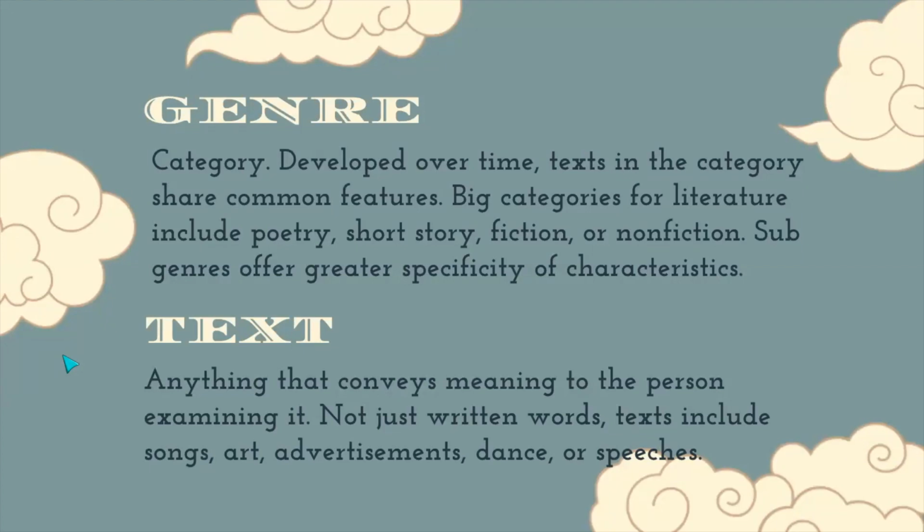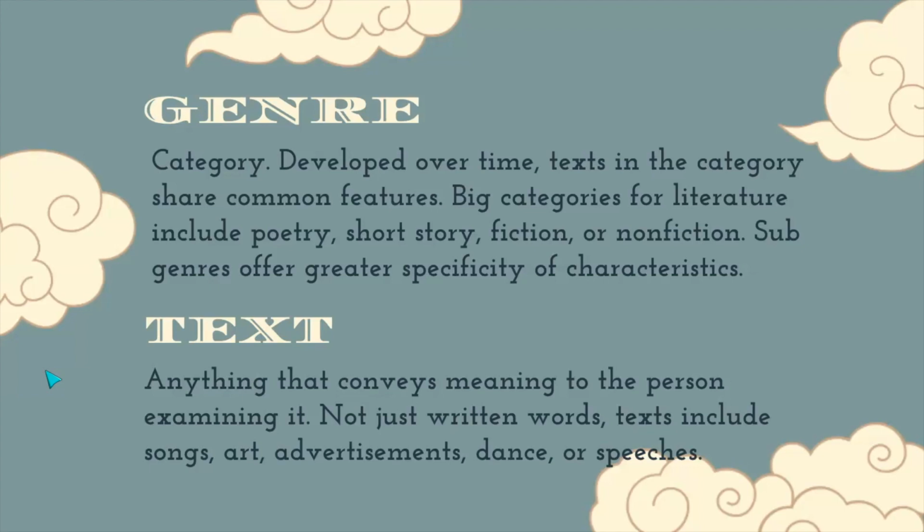Fiction and nonfiction are kind of big, huge umbrellas related to genre. And then we get into more specificity when we get into subgenres of particular texts. Now, when I say the word text, for some folks, we automatically default into written words, and that's not the case.